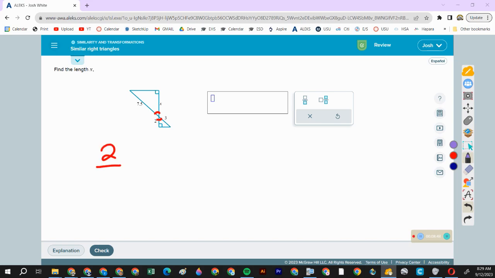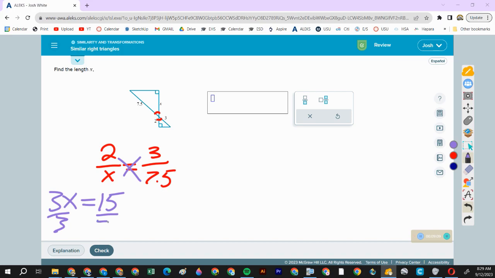So 2 divided by x is equivalent to 3 divided by 7.5. Now we cross multiply. 3x is equal to 15. Divide by 3. x is equal to 5.